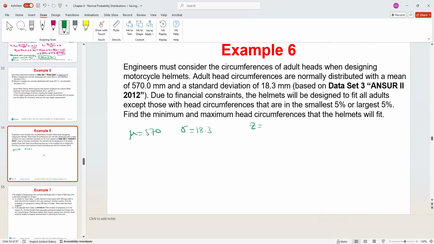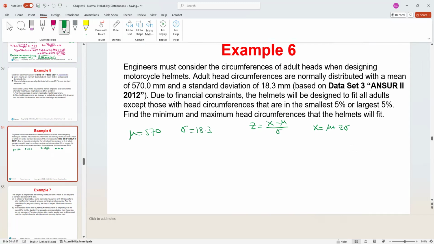Remember, whatever they ask you, you either use z equals x minus the mean over sigma, or you use x equals the mean plus z sigma.